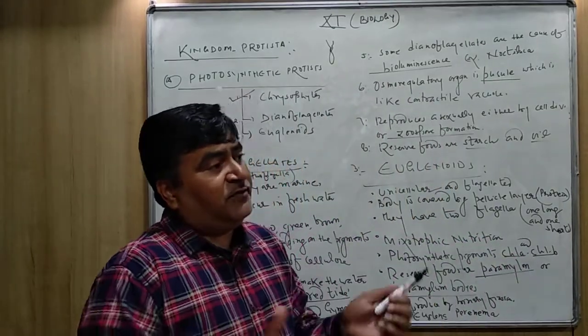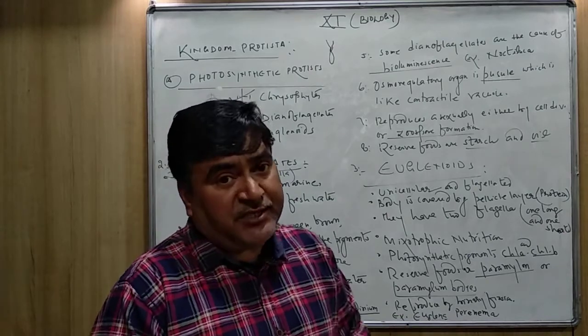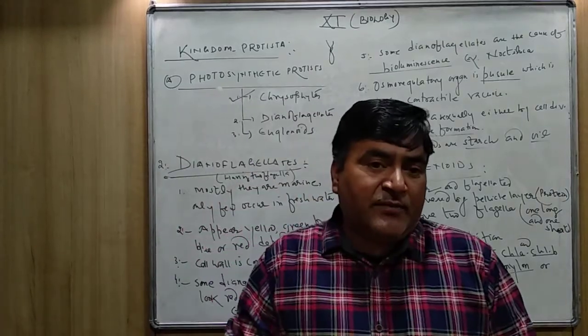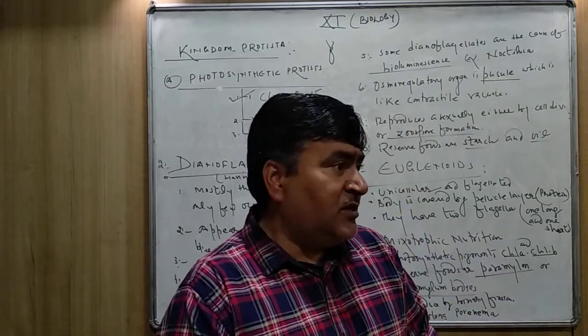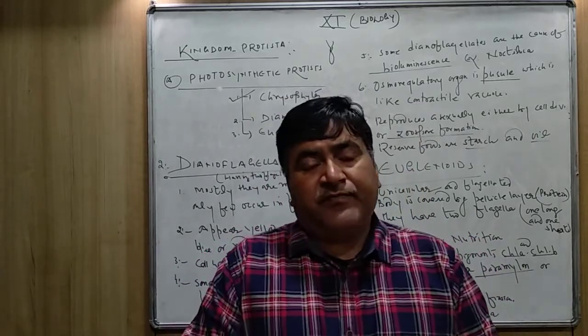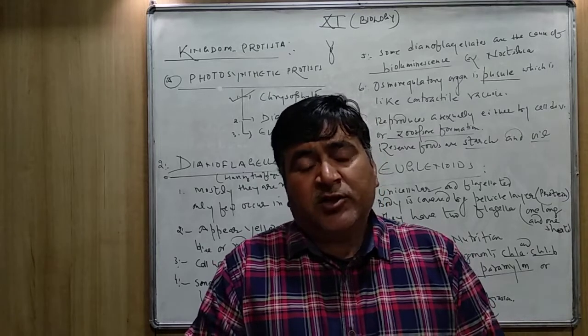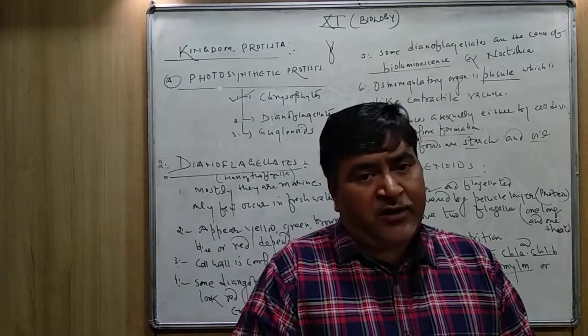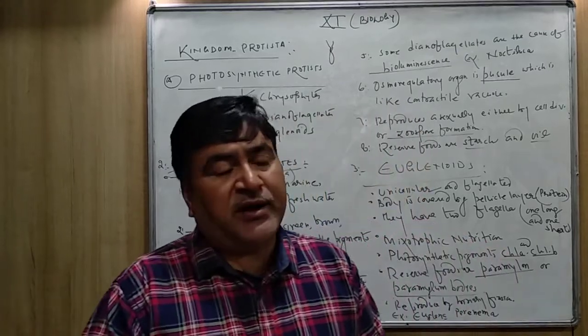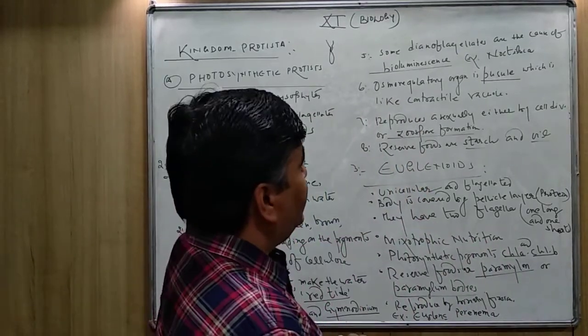When the wall of the zoosporangium is ruptured, the zoospores are liberated outside, and each zoospore can produce a new organism. So they reproduce either by cell division or by zoospore formation.